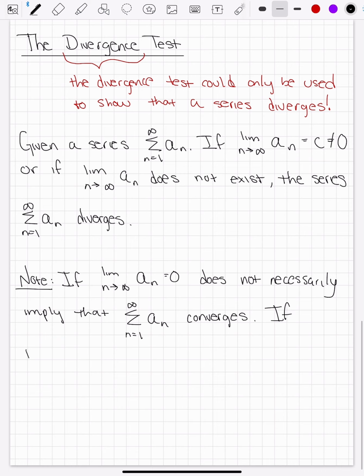If the limit as n approaches infinity of an is equal to 0, then the divergence test is inconclusive.